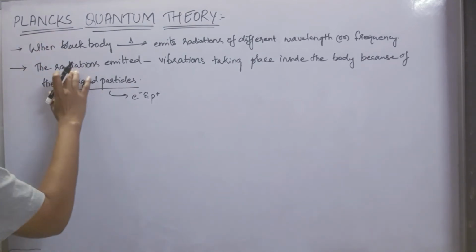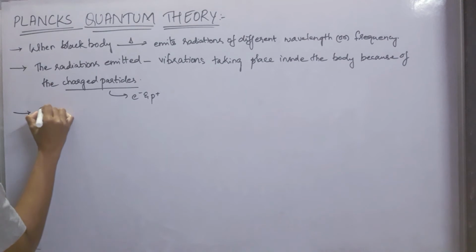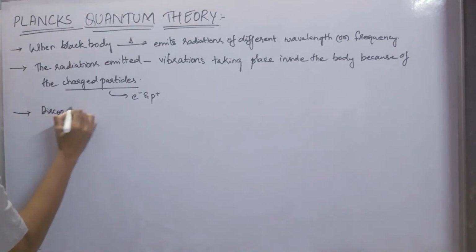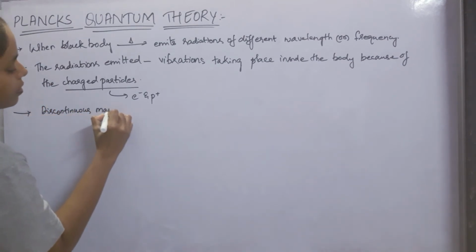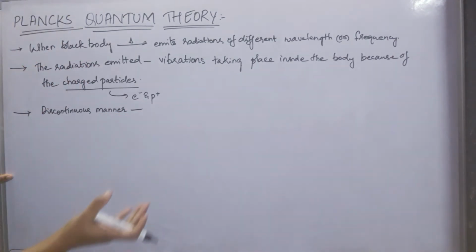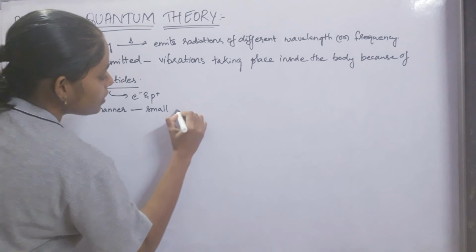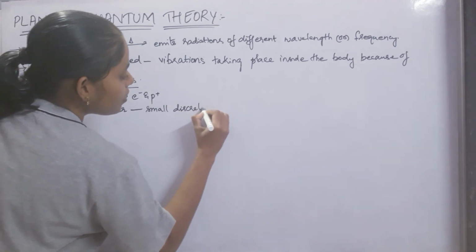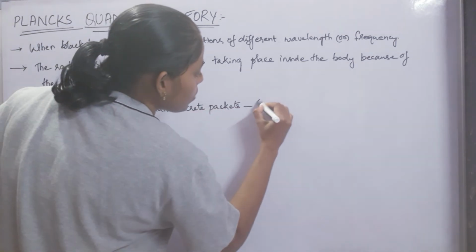So now how are these radiations emitted? They are emitted in a discontinuous manner, not continuously. In which form are they emitted? They are emitted in the form of small discrete packets called quanta.